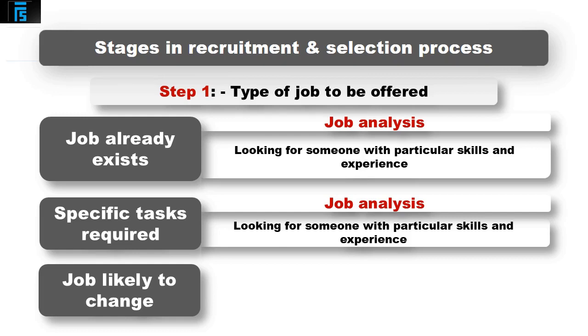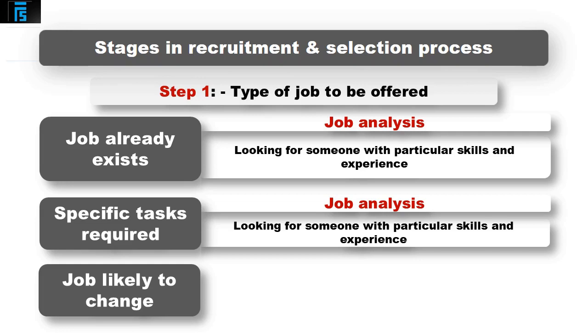As the company grows from 3 people to 30, from 30 people to 300, from 300 people to 3,000, then obviously the work is also going to change. So what you may want to do is you may be more interested in getting the right kind of personality who will perhaps be able to do lots of things in the future, rather than saying, this is what we want you to do today.